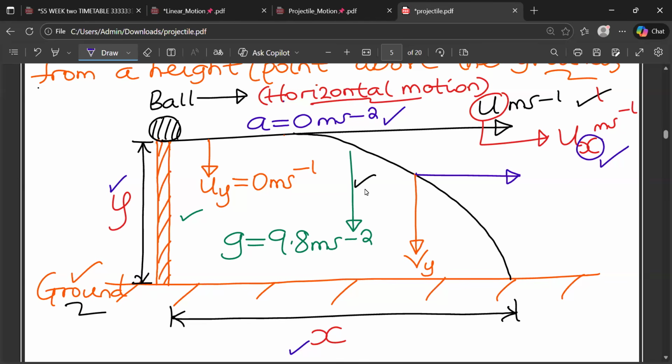Initially, we talked of the U and the UX, which is that initial velocity you give to the body as you give it its very fast horizontal push. Since initially everything is horizontal, you asking for the vertical velocity is not fair. That's why the vertical velocity initially is 0, because we purely have horizontal motion.